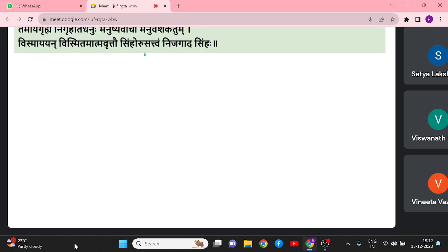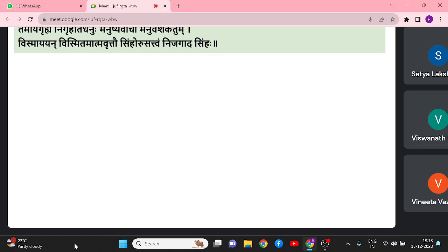Next, Simhoru Sattvam. I said it is Guna Sandhi. Simha plus Uru, Simhoru. And the Samasa will be Simha Iva Uru Sattvaha, Simhoru Sattvam.